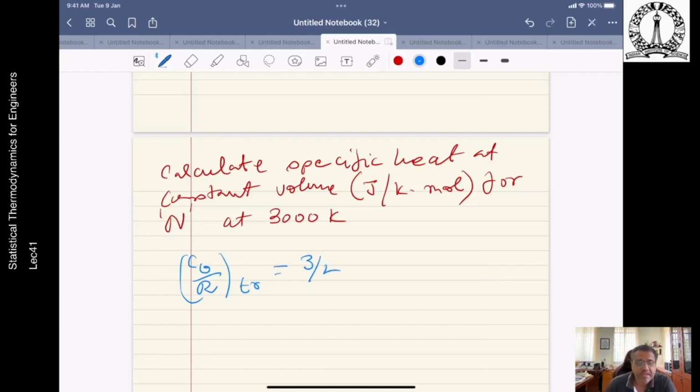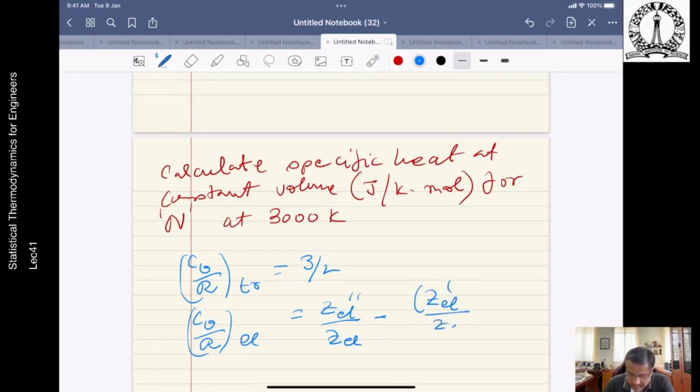You know that already. Now the electronic mode, Cv by R electronic, is given as Z_EL double prime by Z_EL minus (Z_EL prime by Z_EL) squared. Okay, so this can be done. The electronic contribution can be easily determined by setting up a table.